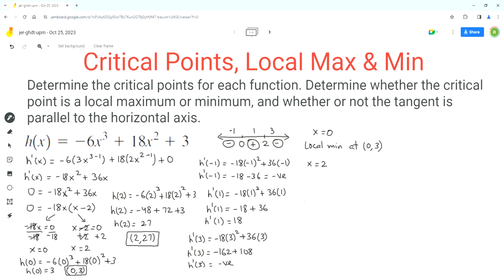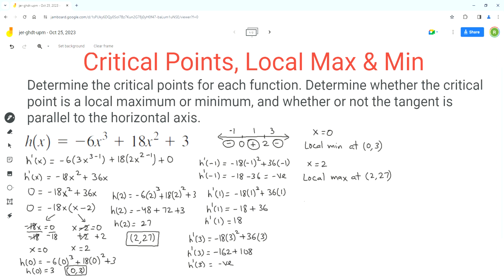To the left side of 2, the function is increasing, and to the right side of 2, the function is decreasing. That means there is a local max at the other critical point, which is (2, 27). So we have identified that the critical point (0, 3) is a local minimum and the point (2, 27) is a local maximum.